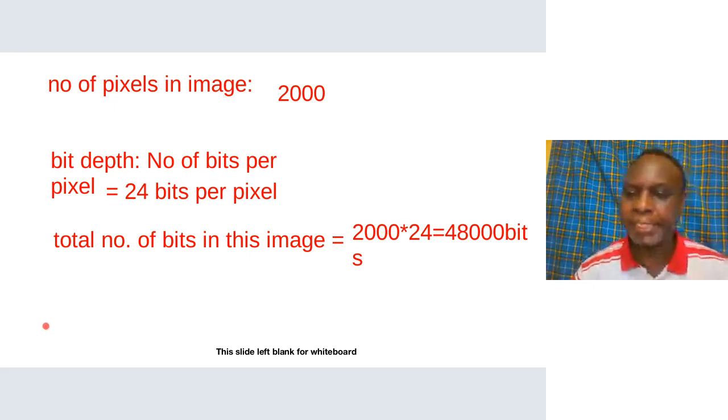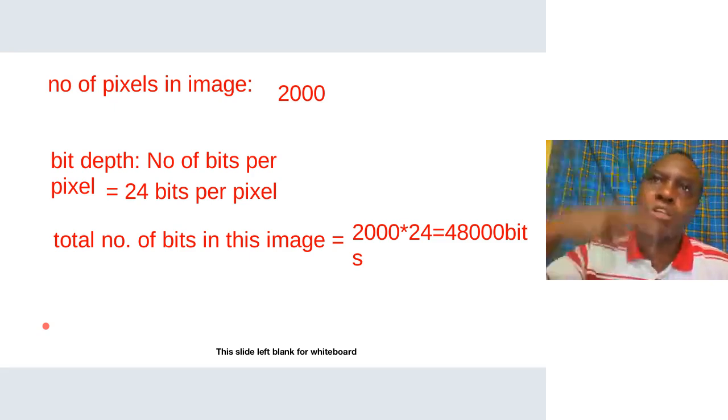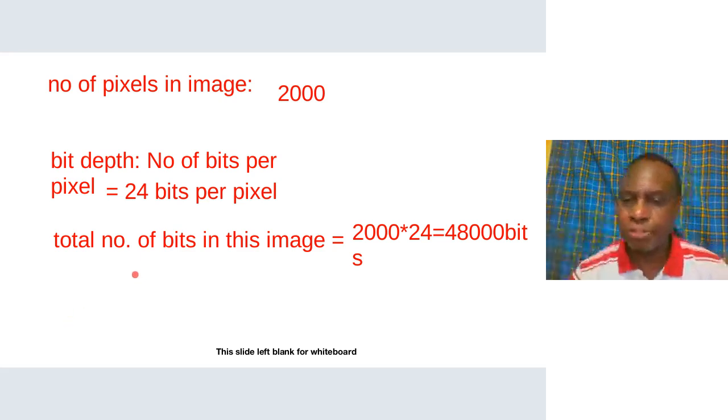Make them bytes, because of course you don't express size in bits. We go to bytes, kilobytes, megabytes, etc. So first we need to convert this to the unit of measuring memory space. Now convert these to bytes.